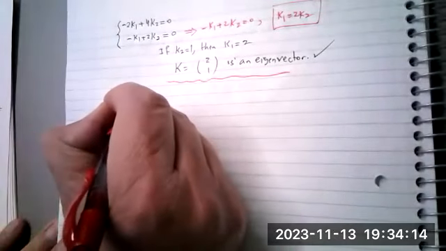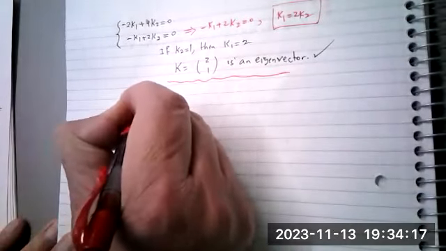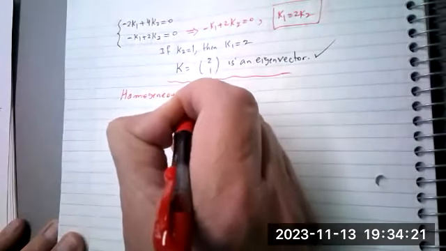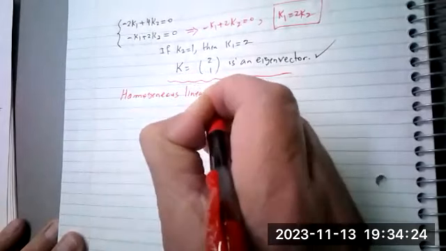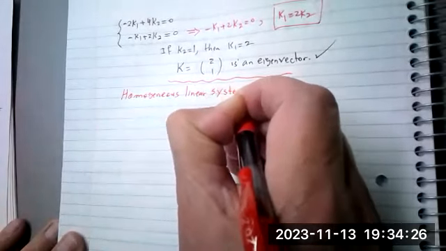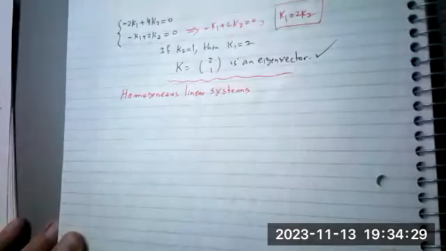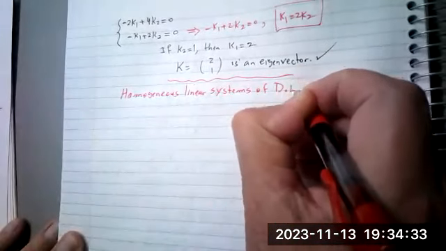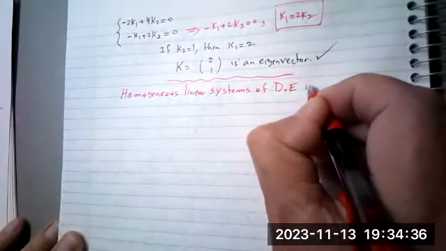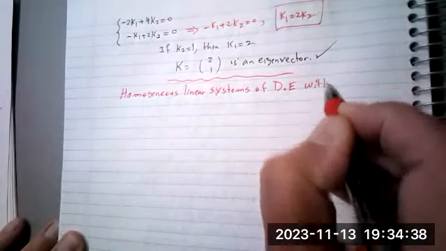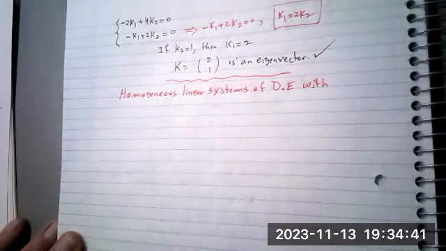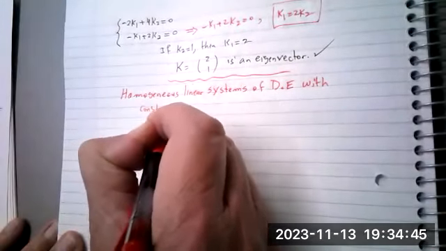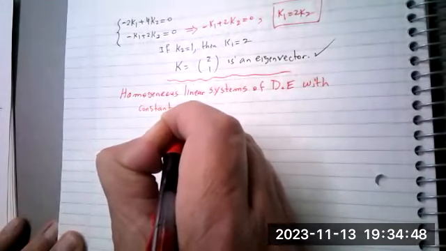So there you are: homogeneous linear systems of differential equations, of course with constant coefficients, exactly the way we did it for the equations with constant coefficients.